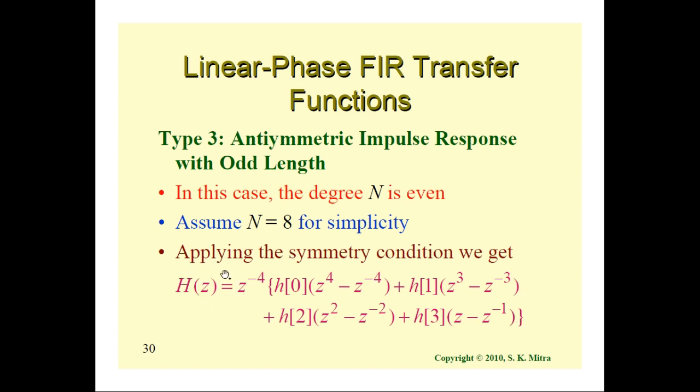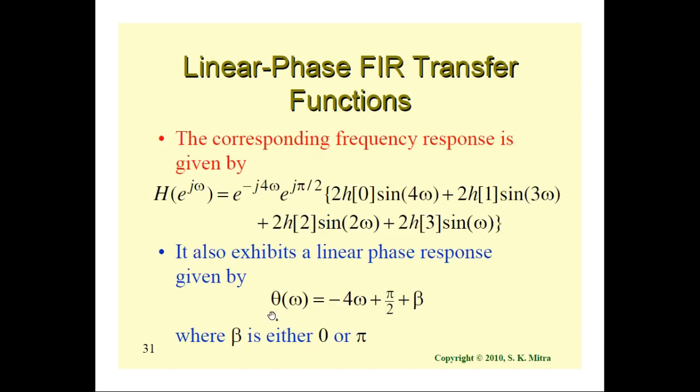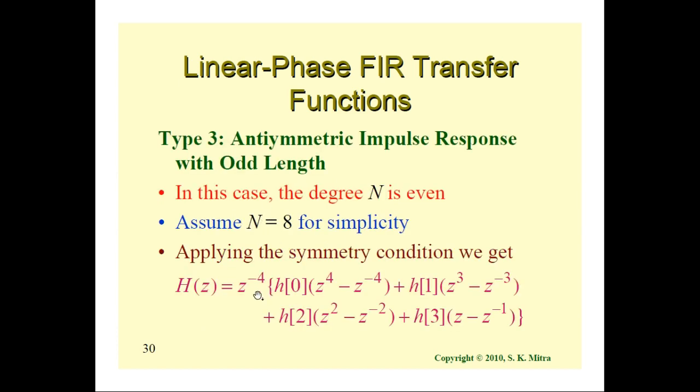Once again, computing the transfer function on the boundary of the unit circle and replacing z with e^{jω}, we will have the corresponding phase function as e^{-j4ω}, because we have taken it as a common factor as we did in the case of the type 1 filter as well. And inside we will have 2h0 j sin(4ω), because we have to multiply and divide this term with 2j to convert it into a sine, and the same thing will be done in other cases.